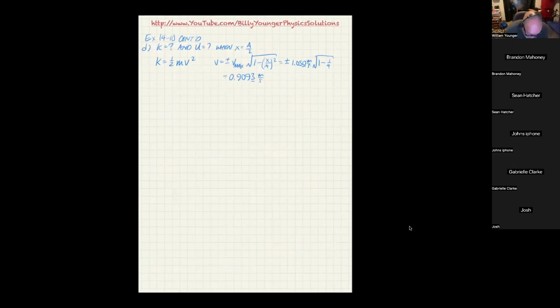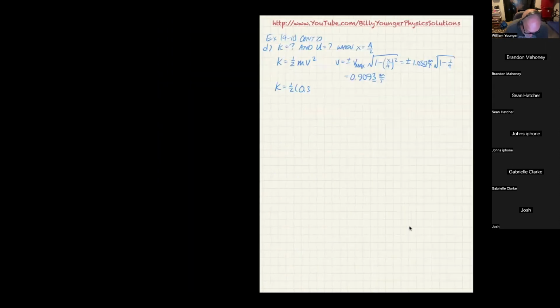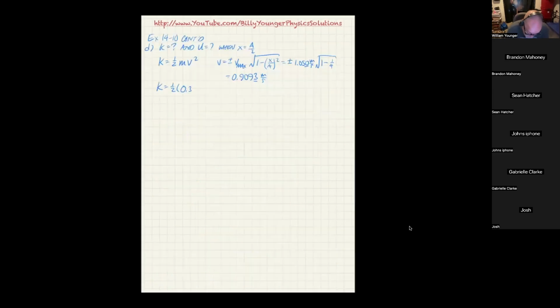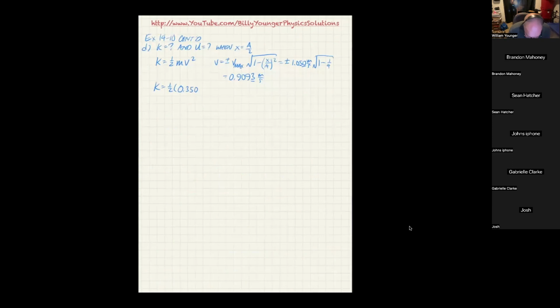Okay, so K is equal to 1/2 times 0.350, if I remember correctly. Yes, 0.350 kilograms times 0.9093 meters per second squared.